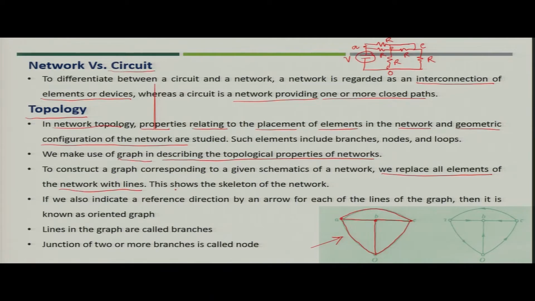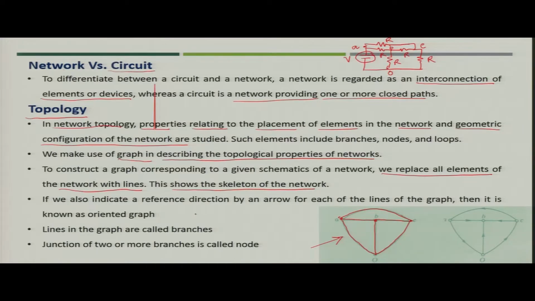Now, what we got is the skeleton of the network. Here the elements which you will see would be like nodes, we will see the loops, or we will see the branches.